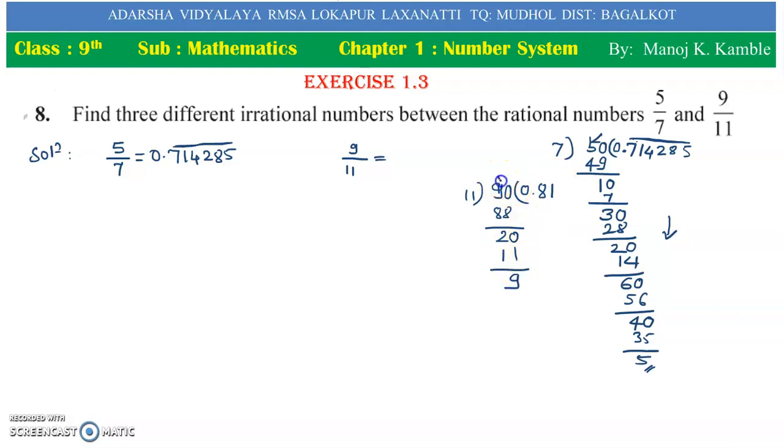Check here, we started with 9 and the remainder is 9, so 81 continues, so it becomes 0.81 recurring.